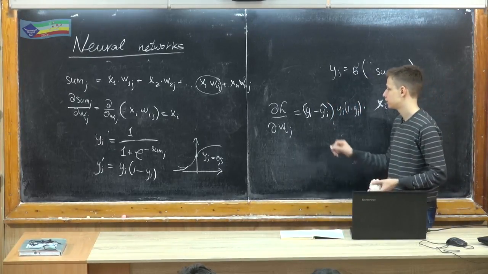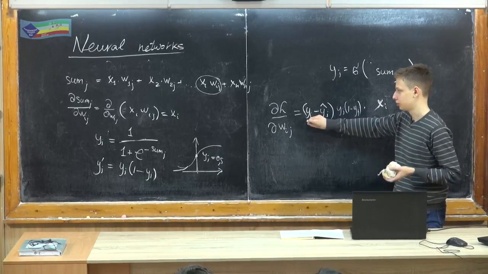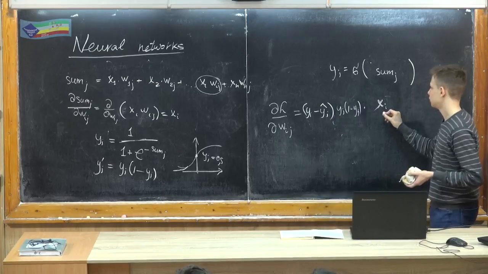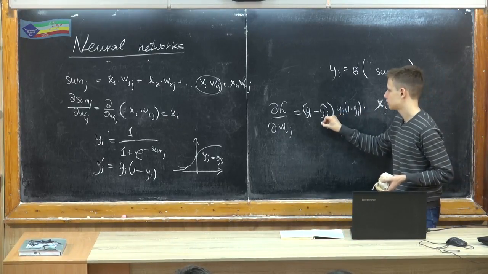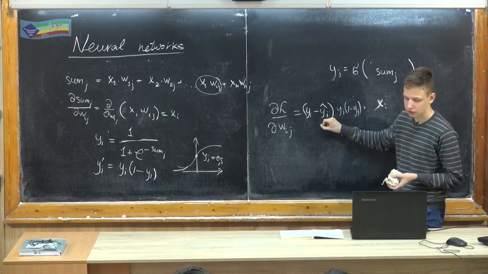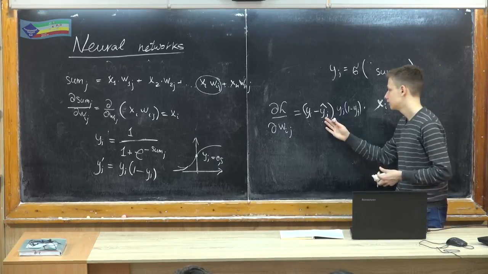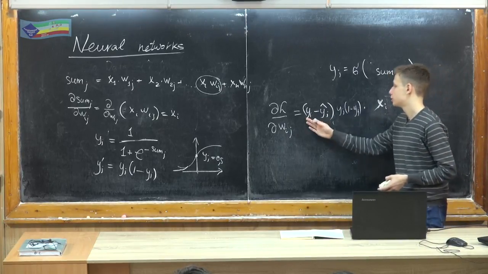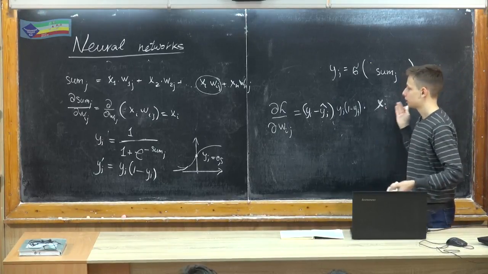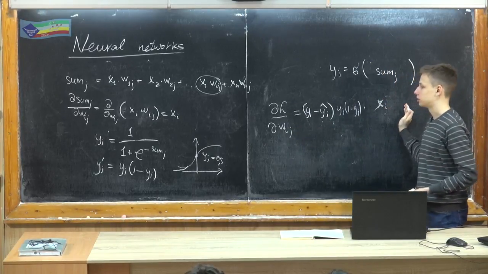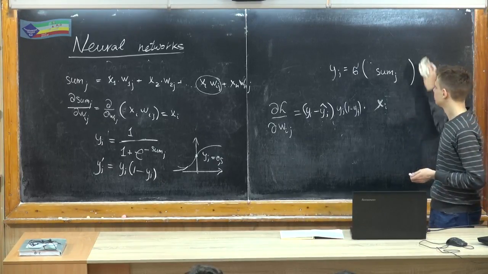And again, to repeat, this is the output of the j output neuron, this is the input of the i input neuron, and this is the desired output of the j neuron. So if we have data and we can calculate yj based on xi and other inputs, then we can calculate this partial derivative, and then we can update each weight using gradient descent.